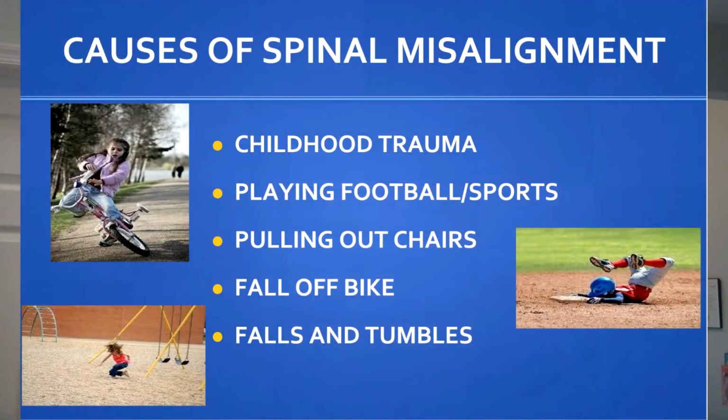You can see all those are what? Traumas, right? Childhood trauma, playing football or sports. Unfortunately, some of you played musical chairs where they'll pull the chair out from underneath you as you sit, right? Maybe you've fallen off a bike, you've had some falls and tumbles. So again, causes of spinal misalignment. I know everyone's only 29 in the room, right?